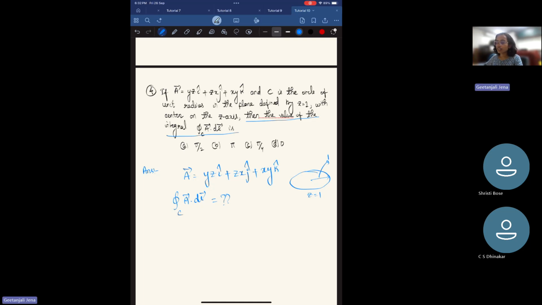For this, one thing you can do is express x and y in terms of r and take the integration of r from 0 to 1. It's given it's a unit radius.